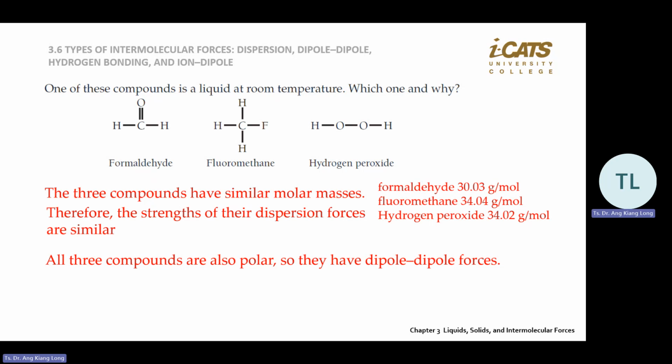Then the three compounds are also polar because they have dipole force. Why? Because you can convert a double dot into a line, four dots into a double line, meaning single bond, double bond, or triple bond. So they have dipole forces, right?